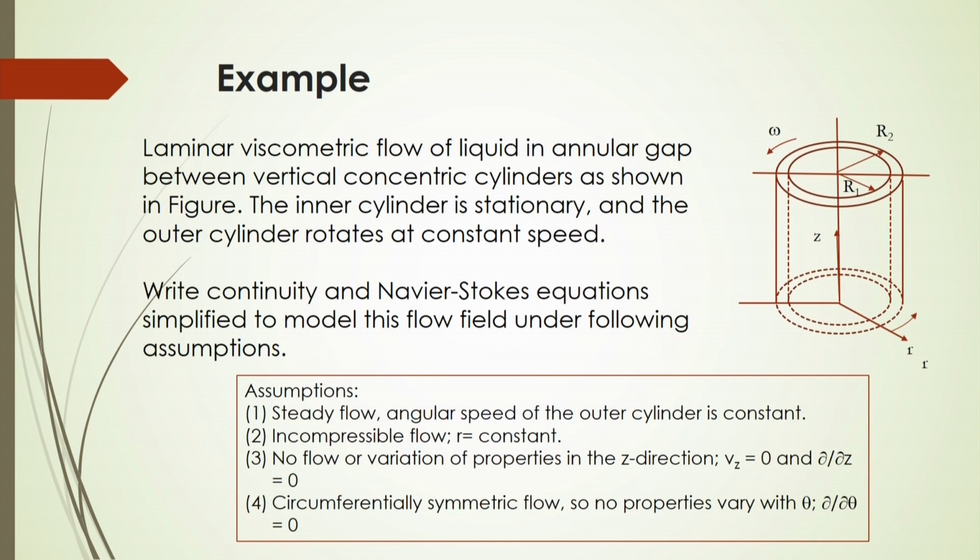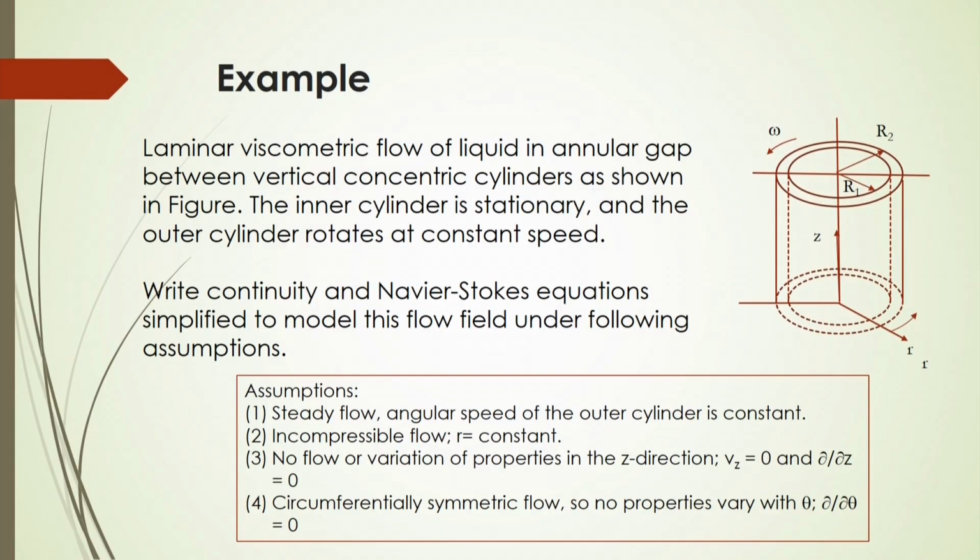Another example, if it is cylindrical coordinates, how will it be? Suppose there is laminar viscometric flow of liquid in an annular gap between vertical concentric cylinders as shown in the figure. The inner cylinder is considered stationary, and the outer cylinder rotates at a constant speed. While the outer cylinder flows, there will be viscosity acting over the surface of the inner cylinder.